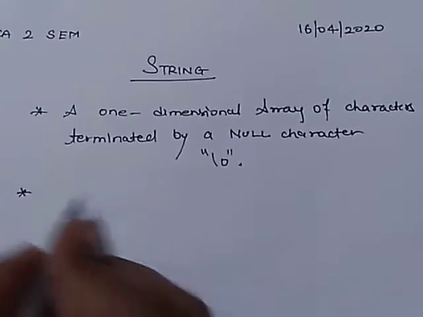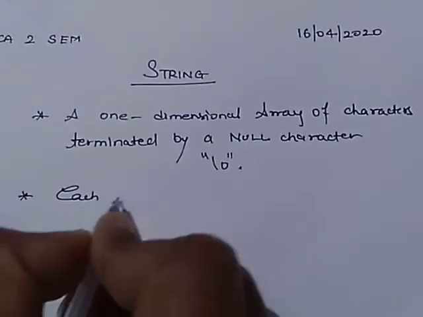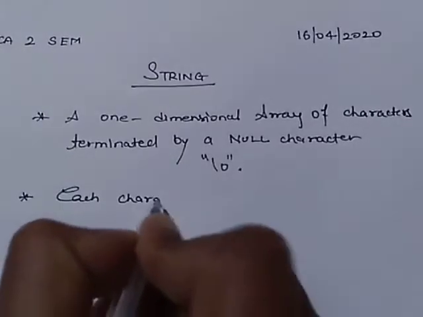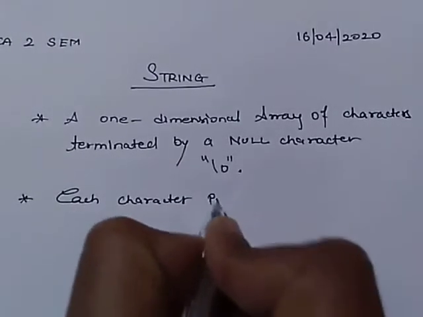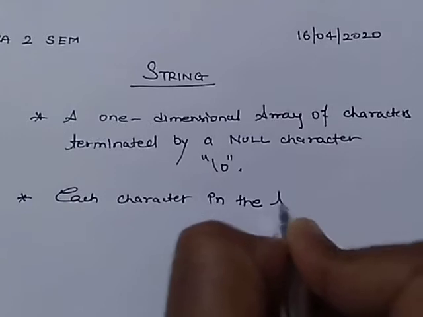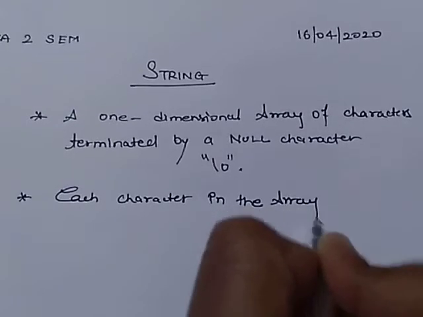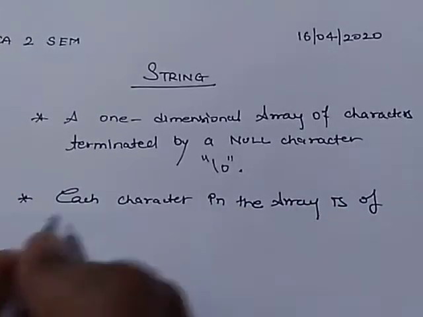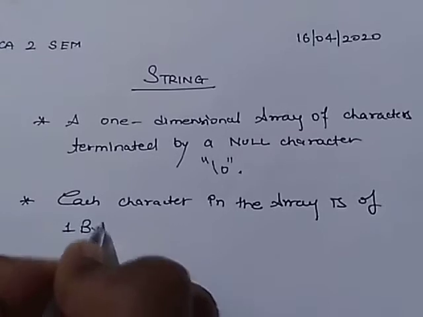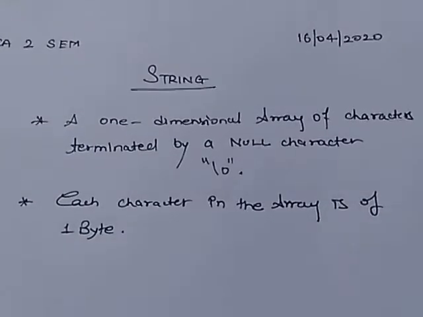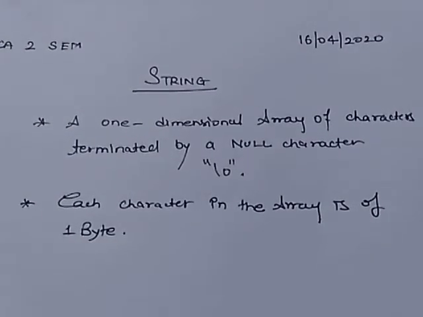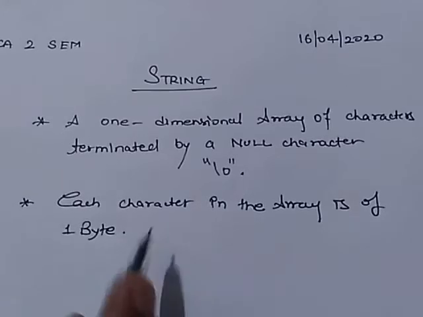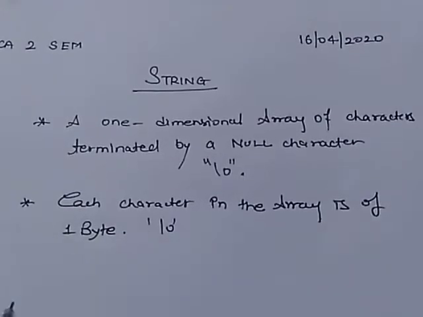Each character in the array is of 1 byte, means it will take 1 byte of memory, and the last character must be a null character.